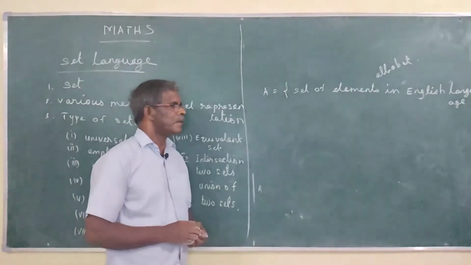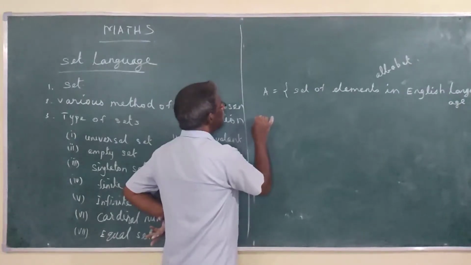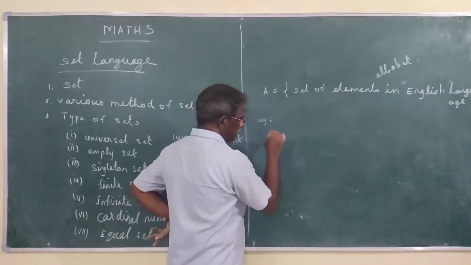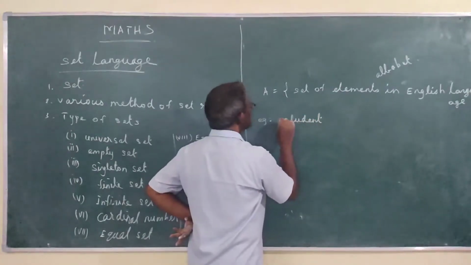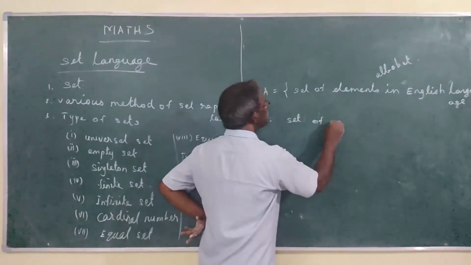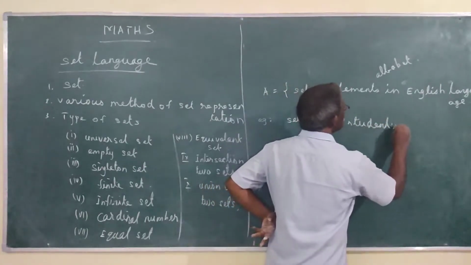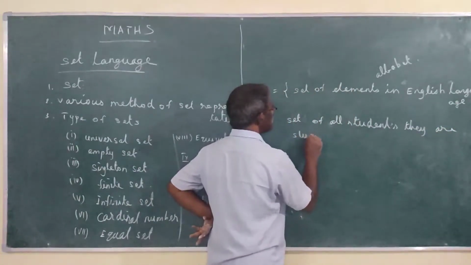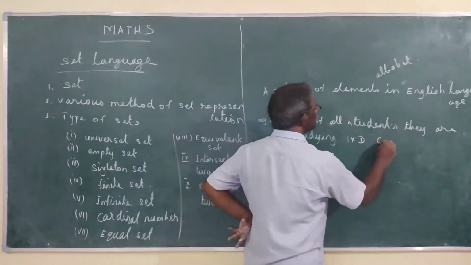I can give some examples. For the descriptive method, an example: the set of all students who are studying in 9D class.